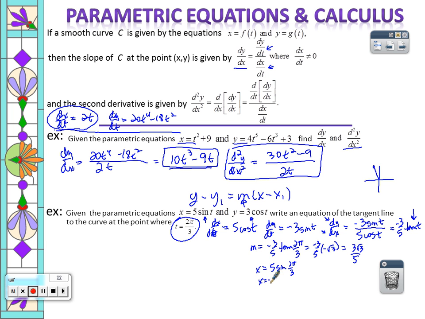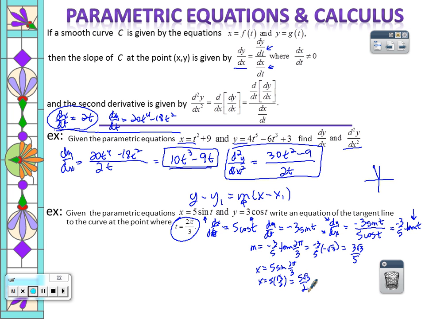So x is going to be 5 times, again, we're at the same location, our sine value up here, we agreed was root 3 over 2. That's positive because it's sine. This is y. So root 3 over 2. So our x is 5 root 3 over 2.